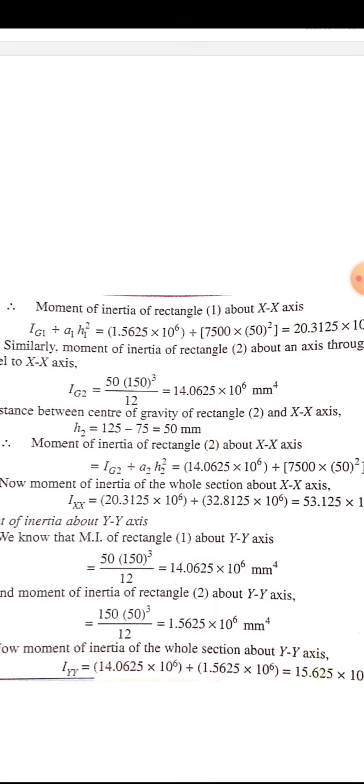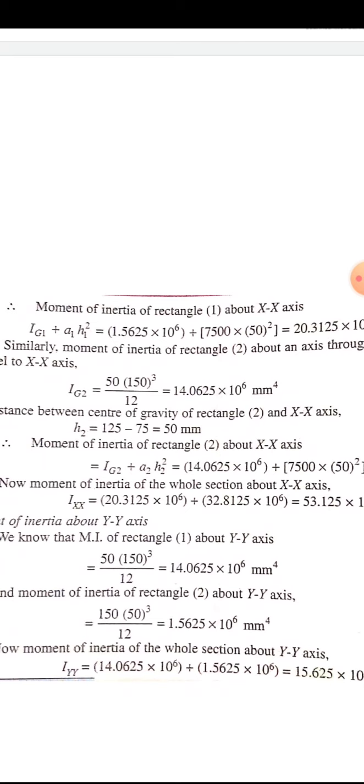Therefore the moment of inertia of rectangular 1 about x axis, the formula is Ig1 plus A1 h1 square, this is very important.